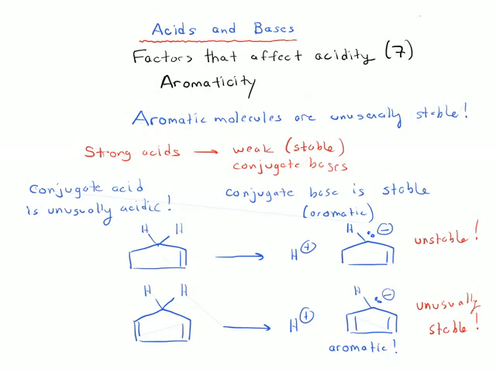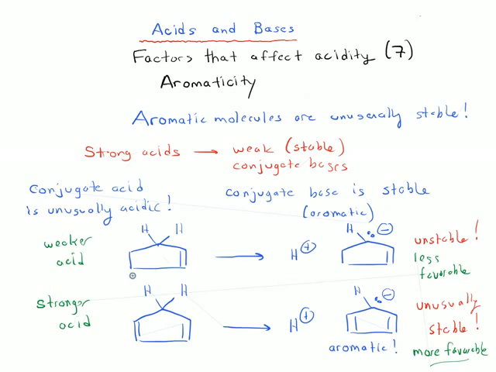Well, you'd expect that this reaction on the bottom would be more favorable, right? Because we're going to go to a more stable product. And this would be much less favorable. Which means that this is going to be a stronger acid, and this is going to be a weaker acid.